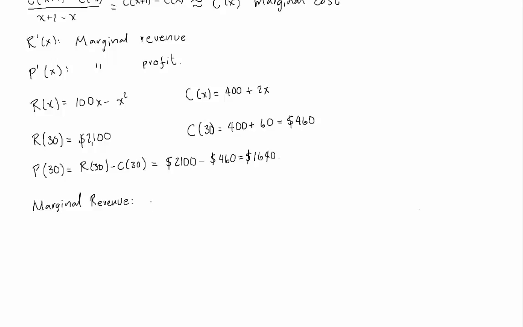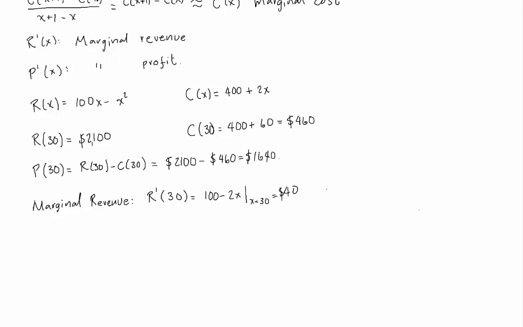So let's look at the revenue at 30 units. We would like to take the derivative of the revenue, which is 100 minus 2x, and we're going to evaluate it at x equals 30. So I just took the derivative of my revenue function and evaluated it. In this case, the revenue is increasing by 100 minus 60, which is $40.